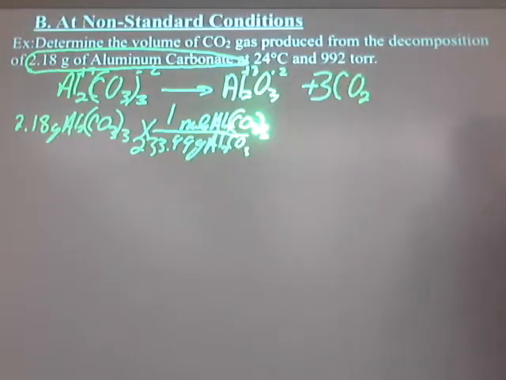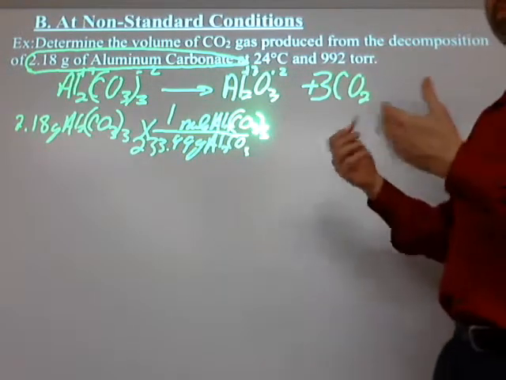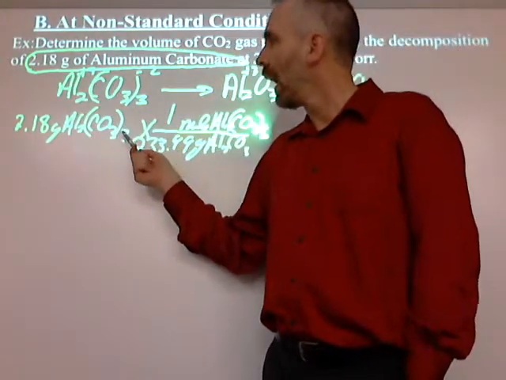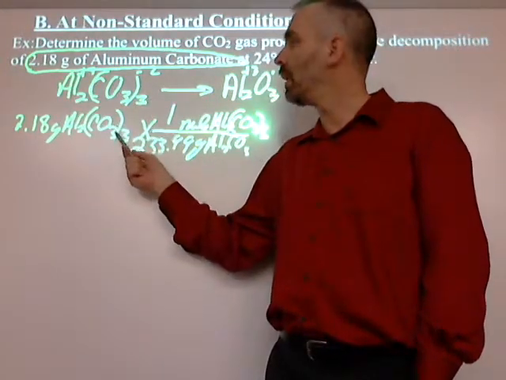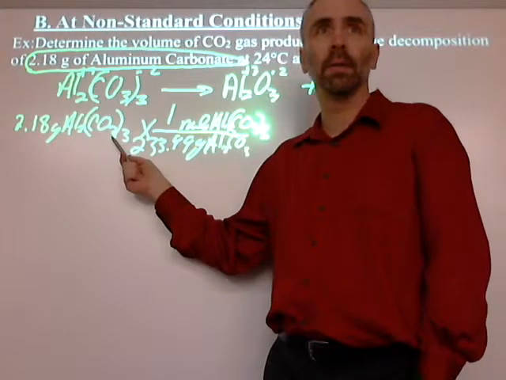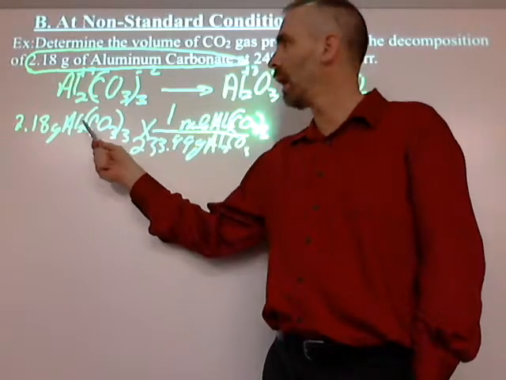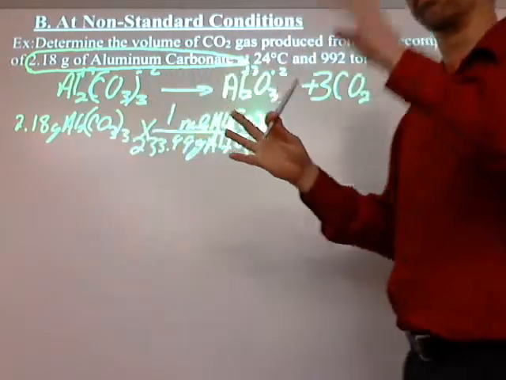All right, it's not important that it's exact, but what is important, I do want to take a few seconds. I don't want to have to make you do it, but how would I have done it? How many O's would I have had to add up? Not 3, 9. 3 times 3 is 9. How many C's? 3. How many Al's? 2. You have to add them all up and show me the work for that.